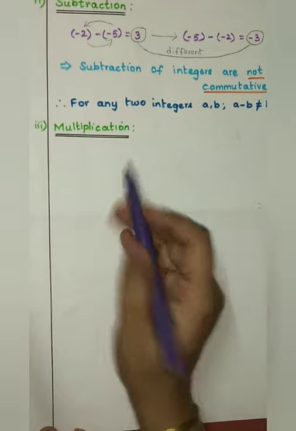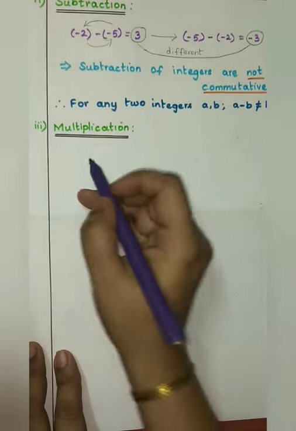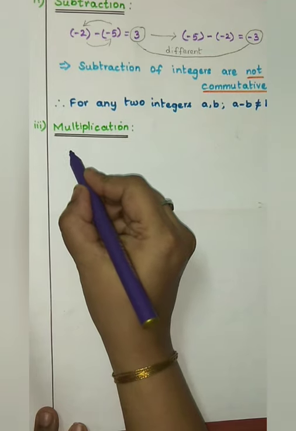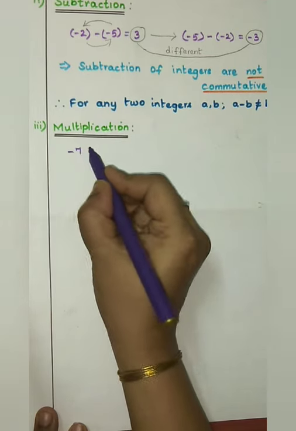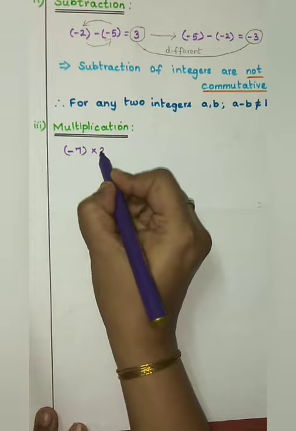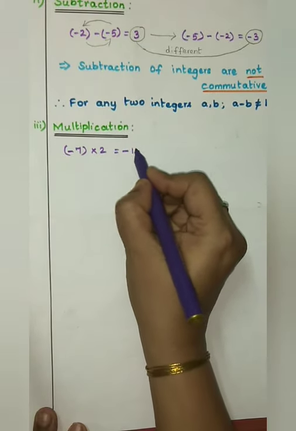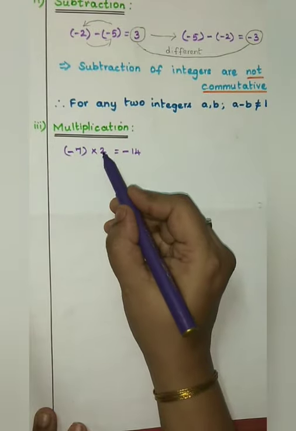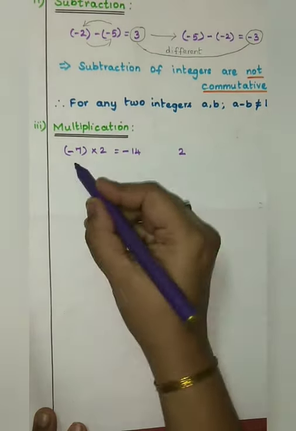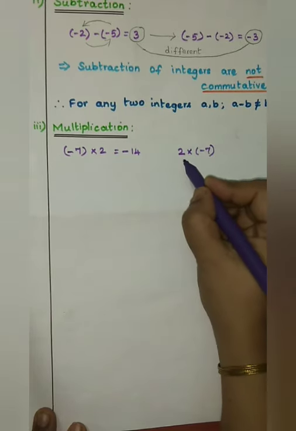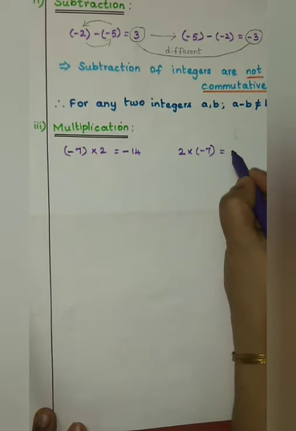Third, multiplication. Find the product of any two integers. Here I am going to take minus 7 and 2. So when you multiply, what do we get? Minus 14. Okay, now change the order. First you write 2, then you multiply minus 7 with that. So when you multiply 2 and minus 7, what do we get?